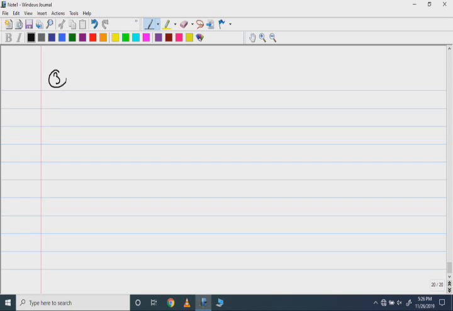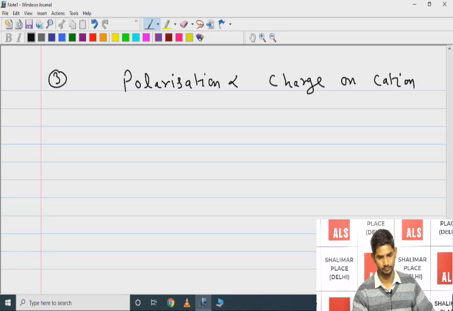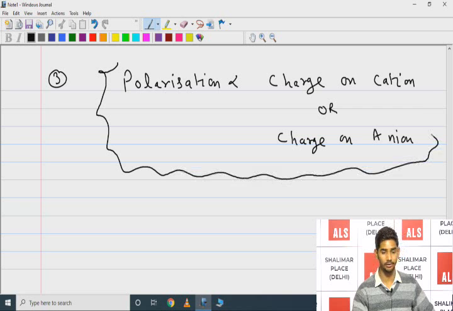Next part, that polarization is directly proportional to charge on cation or charge on anion. Remember one thing, for such questions you have to compare either cation or anion.